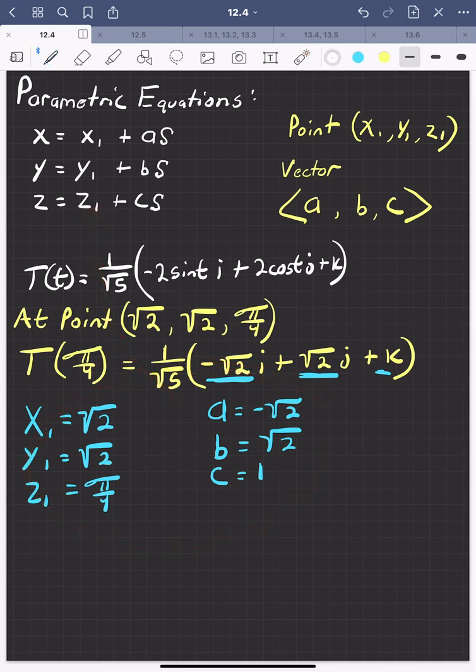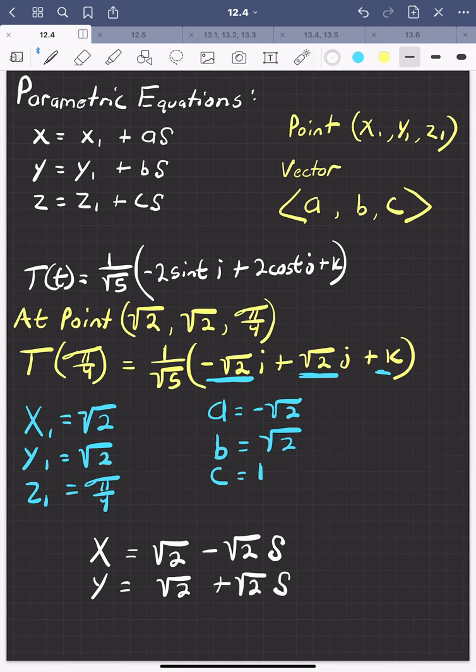So the answer is x equals the square root of 2 minus the square root of 2 s. Again, I'm using s instead of t. y is equal to the square root of 2 plus the square root of 2 s.